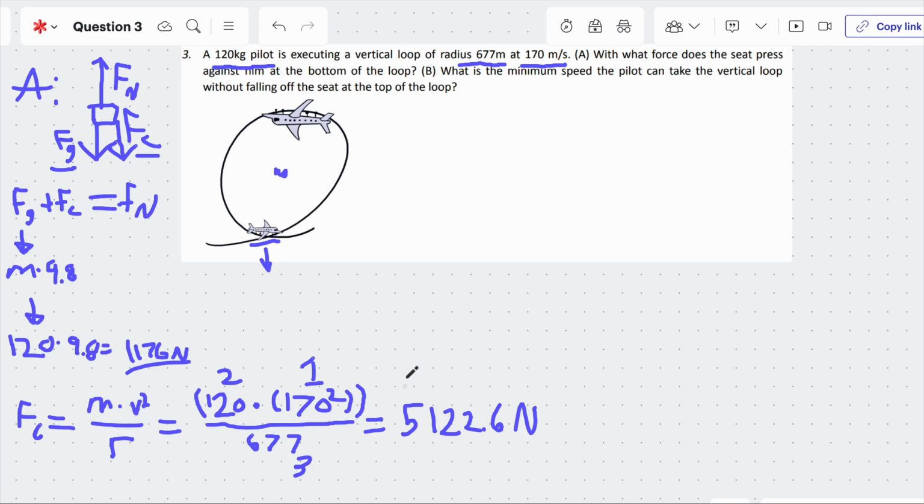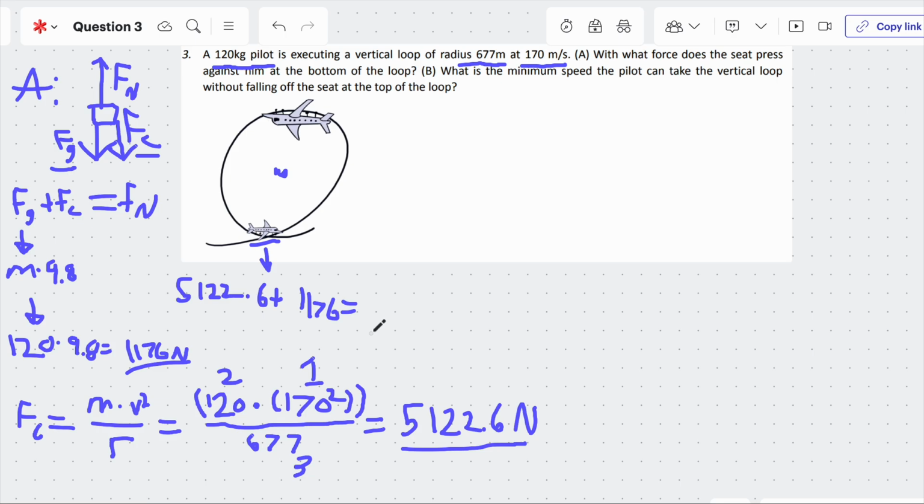Yeah. So now that we have our centripetal force and our force of gravity, we can add those up. So 5,122.6 plus 1,176 equals, let's find that out. Hold up. Okay. Desmos is not being fun right now.